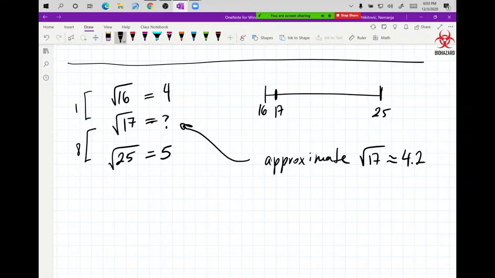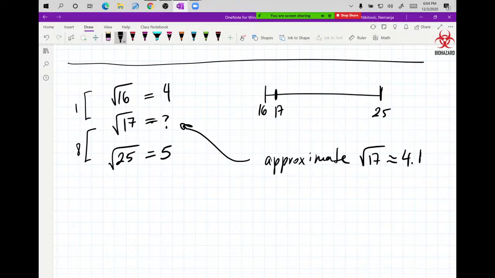And then you can go in the calculator and check. So you go into square root of 17. Oops, I typed something wrong. Square root of 17. Oh, my first answer was better. 4.1 was better.